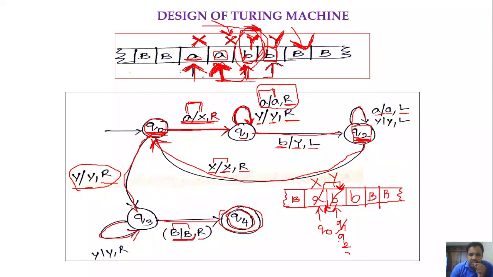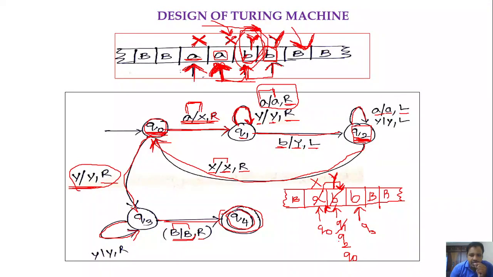Now in which state are we? We are in Q naught, right? In Q naught, the head is pointing to Y. In Q naught, if we get Y, keep that Y as it is, move the head towards right and change from Q naught to Q3. Now the head is pointing to small b input symbol and we are in state Q3.